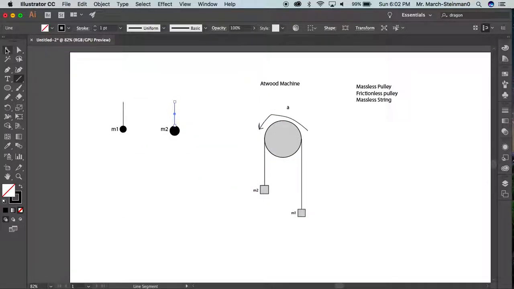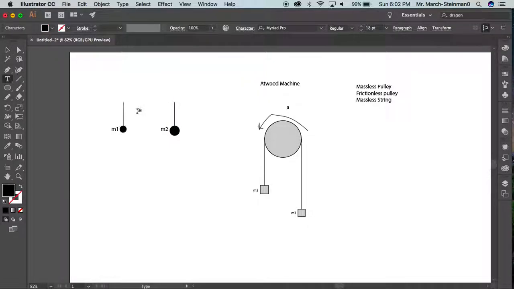Now why would the tensions from the string, these are tensions, why would those two tensions be the same? Well, if M2 moves down, M1 moves up the same amount.